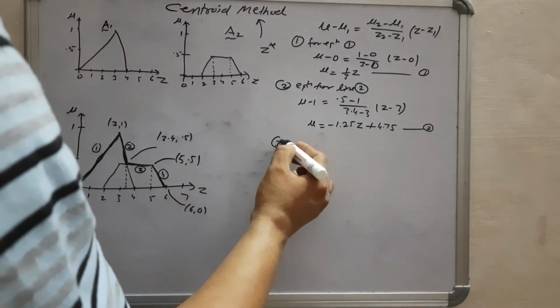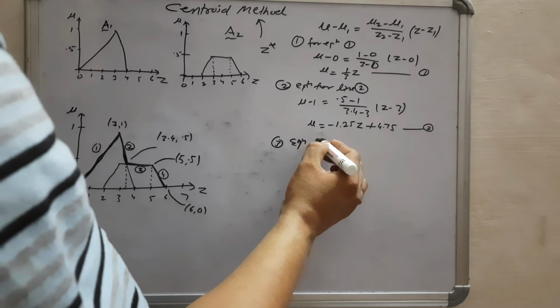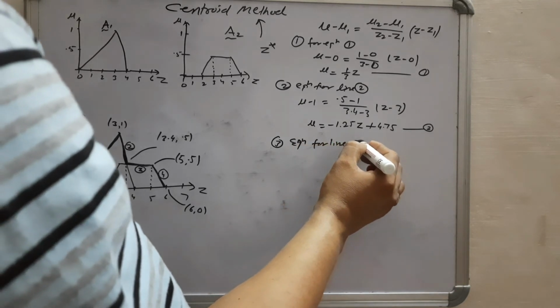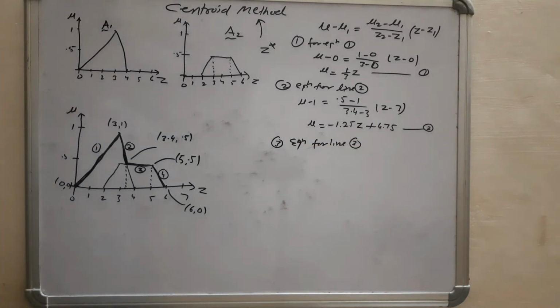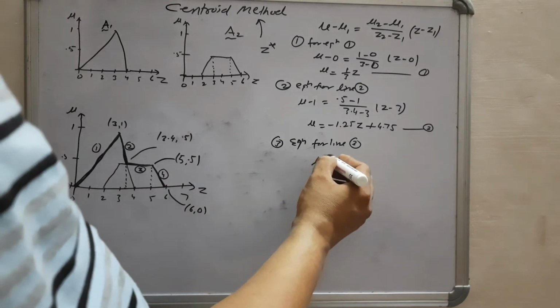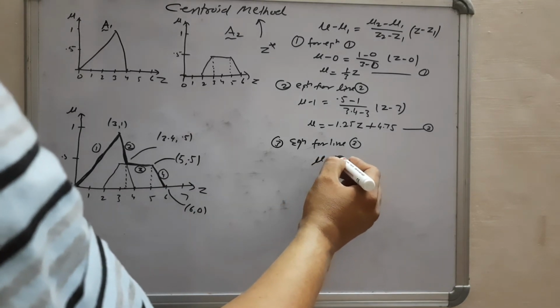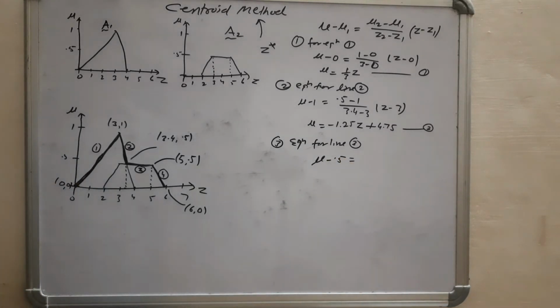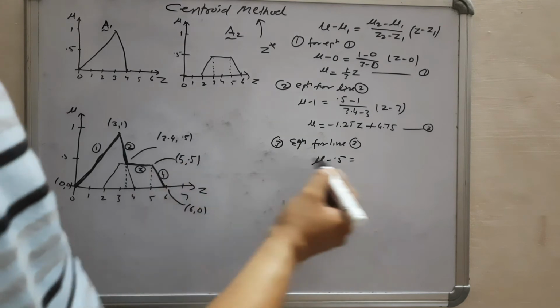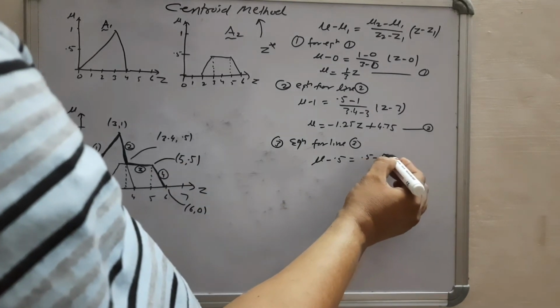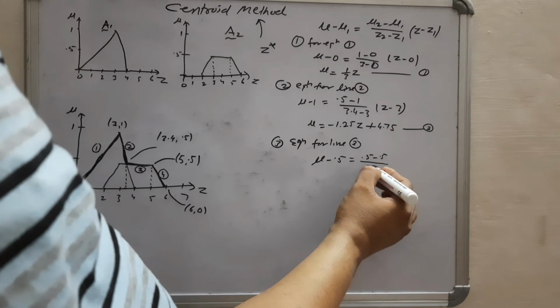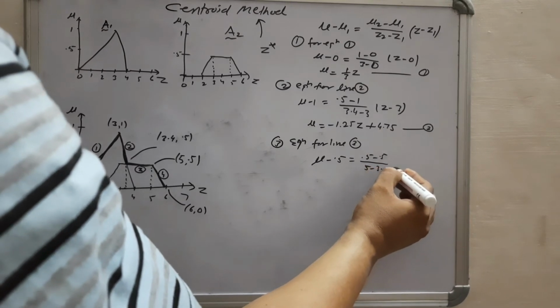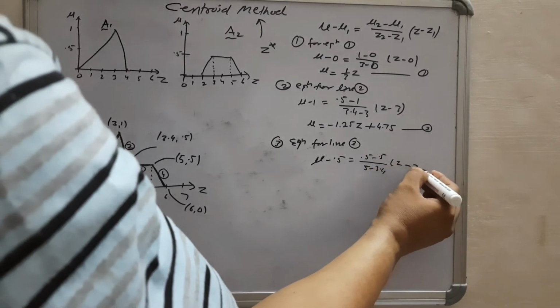Then the third equation, for line 3. So line 3 is horizontal, this third line. So here you can write mu minus 0.5 equals, now mu2 minus mu1, 0.5 minus 0.5 upon 5 minus 3.4, into z minus 3.4.